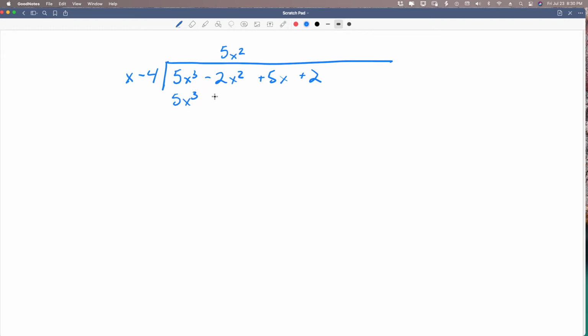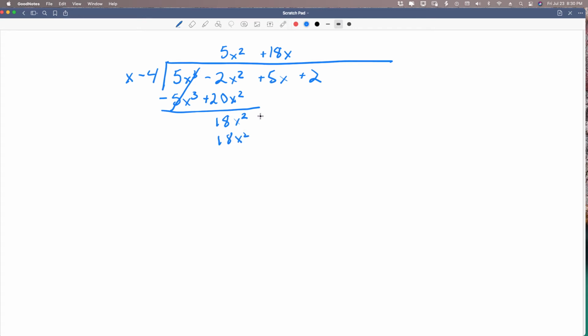5x squared times negative 4 is negative 20x squared. Now to subtract, like we do in long division, we flip the signs. These cancel, and we are left with 18x squared. Now x goes into 18x squared 18x times. 18x times x gives us 18x squared.